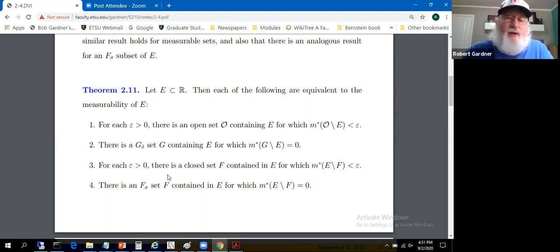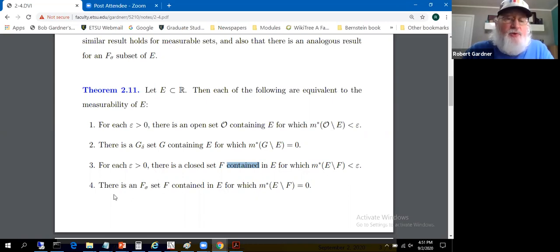For each epsilon greater than 0, there's a closed set F contained in E for which the outer measure of E set minus F is less than epsilon. So similar to what we had up here. Real difference is up here things are open and they cover E. Down here things are closed and they're subsets of E.